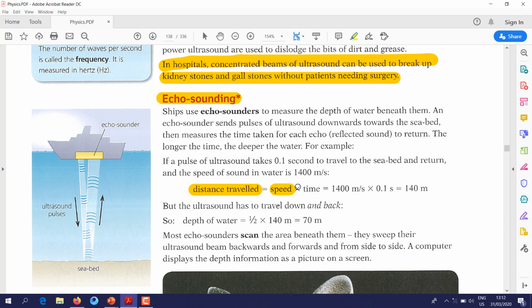They know the speed of ultrasound in water, and they measure the time it takes, so they can calculate the distance. For example, if the speed of sound in water is 1400 meters per second, times the time of 0.1 second, the depth will be 140 meters.